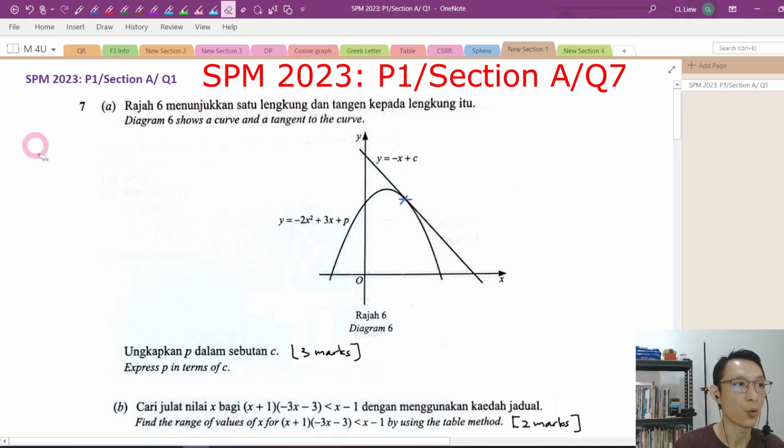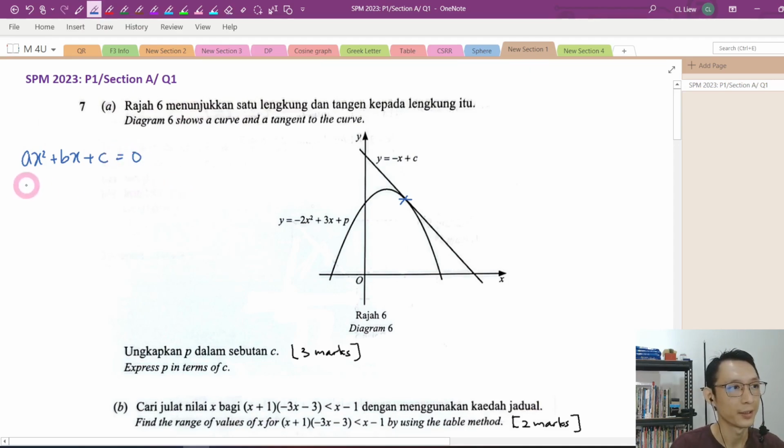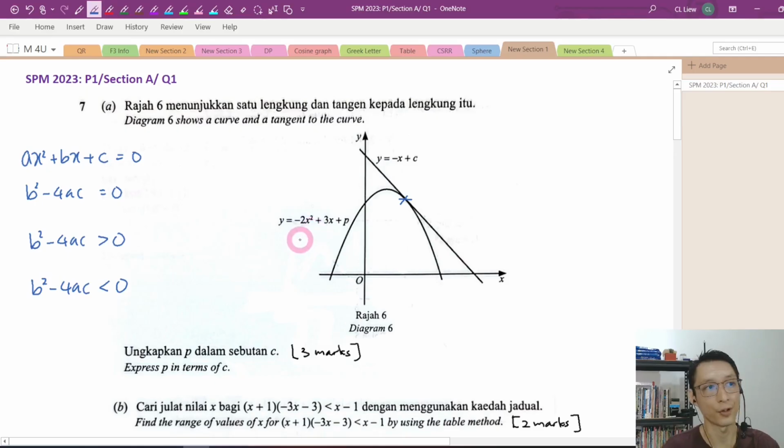Let's say you have a quadratic equation ax squared plus bx plus c is equal to 0. We look at b squared minus 4ac equals 0, b squared minus 4ac greater than 0, and b squared minus 4ac less than 0.